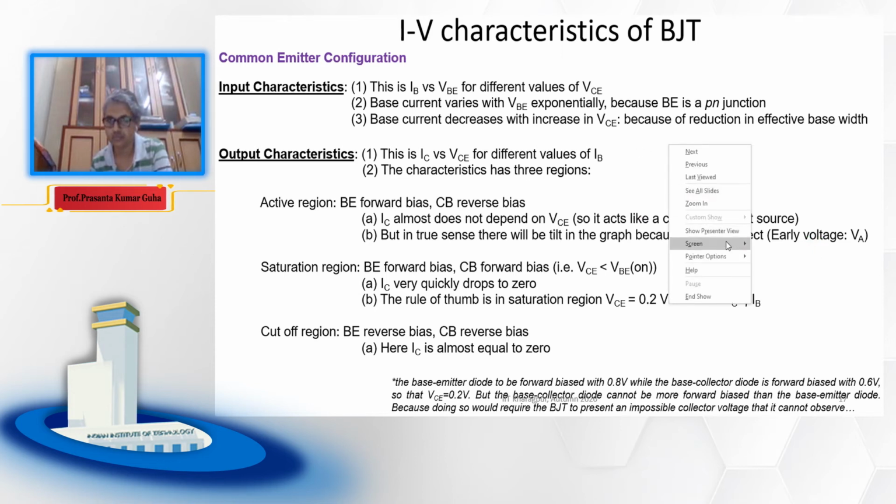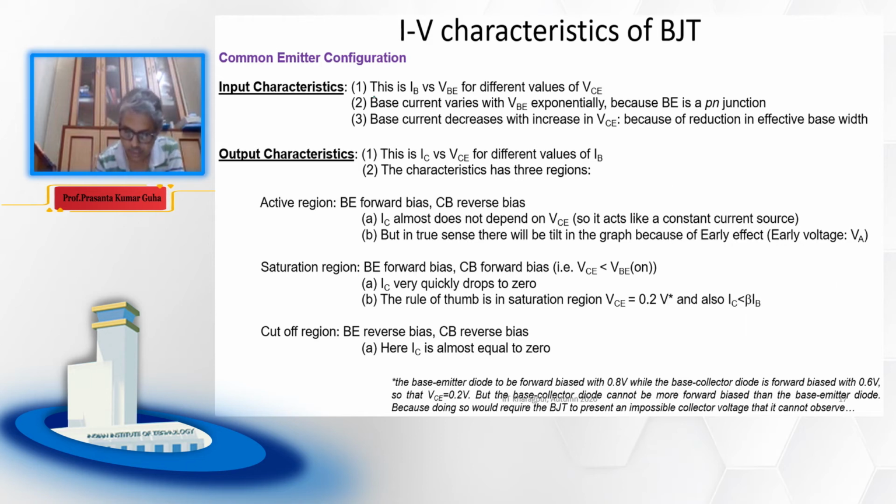Now, input characteristic, as I said, this is between IB and VBE for different values of VCE, and with increasing VCE, IB is going to decrease. Okay, because there are less chances of recombination at the base, so less IB. Because most of the carriers will now be able to cross the junction and reach from emitter to collector.